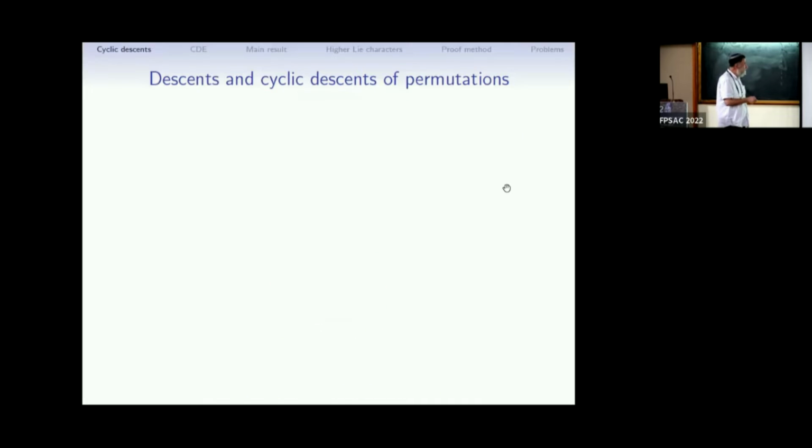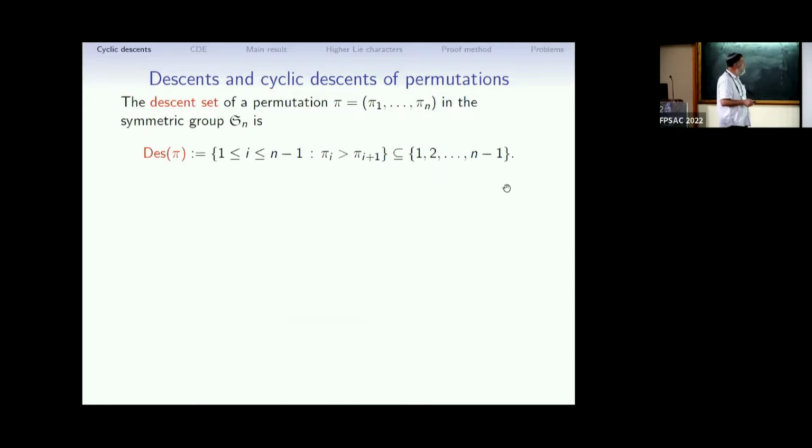Okay, let's start. We start with the descent set of a permutation, which is just the set of positions where the value decreases. This is very classical. Some people trace it back to Euler, even though I'm not sure; the generating function was studied for sure by Euler.